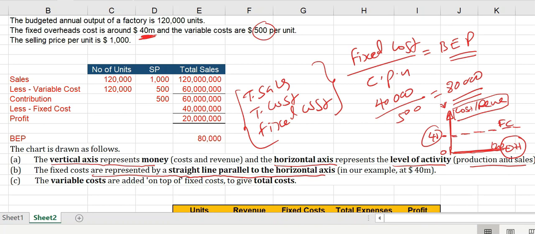Then the variable costs are added on top of the fixed cost to give total cost. So basically the variable cost will start from the top of the fixed cost. As you increase the number of units, your variable cost will increase as well as your total cost.